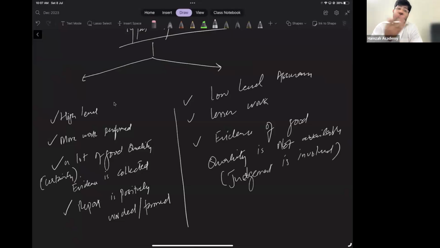About some information, you have to form a judgment, and judgment may be wrong. Uncertainty is there. So the report is in negative form.